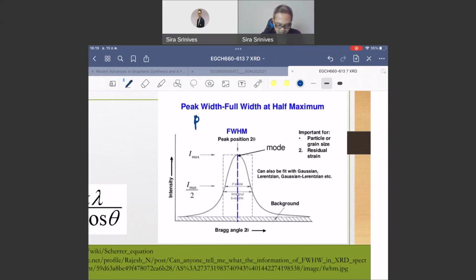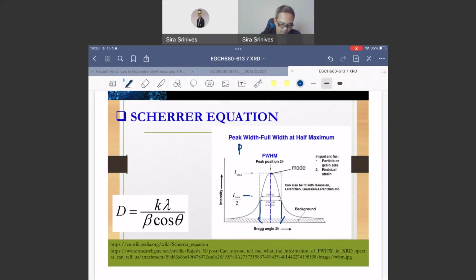So you have a peak here, and this is the maximum intensity, and at half the maximum intensity, which is this height, you monitor the width, in the same unit as theta. That would be the value of beta.